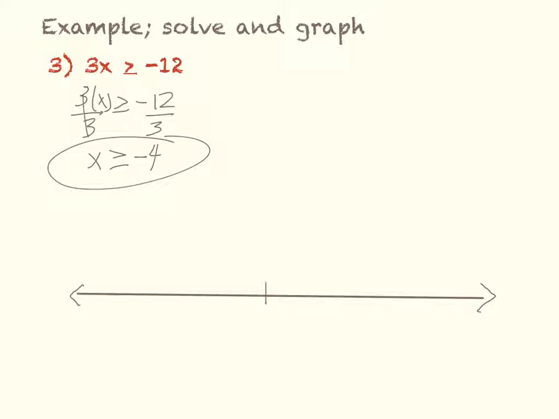So I graph that. x is greater than or equal to negative 4. Negative 4 is right here, and the or equal to means you fill it in, and it's anything bigger. So I'm going to shade bigger.